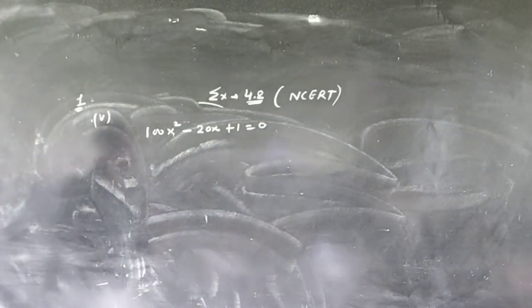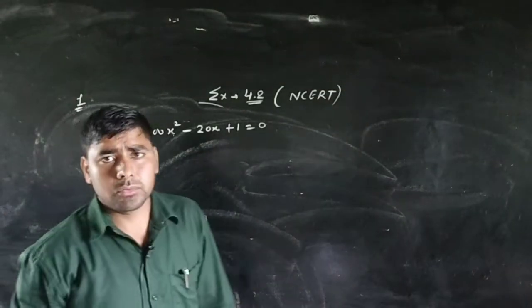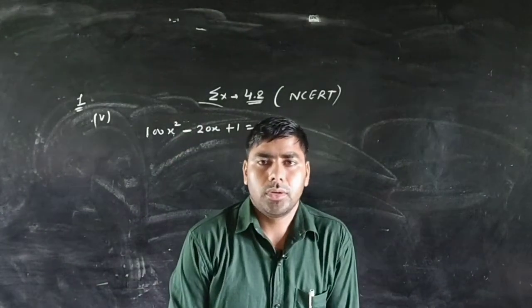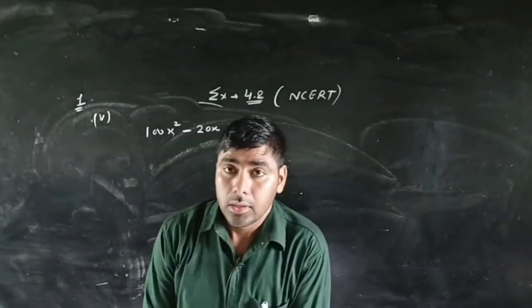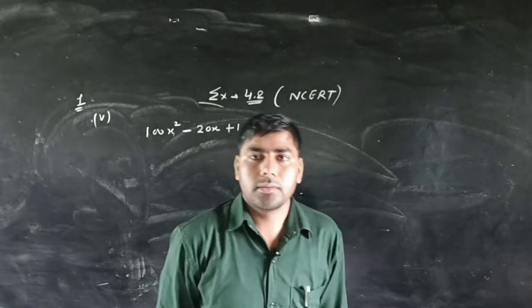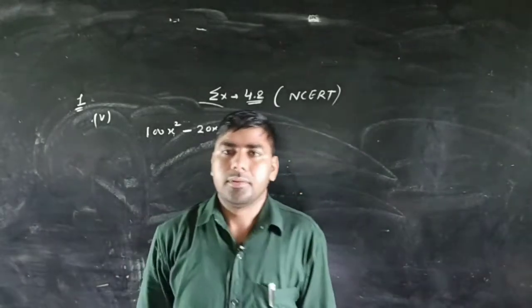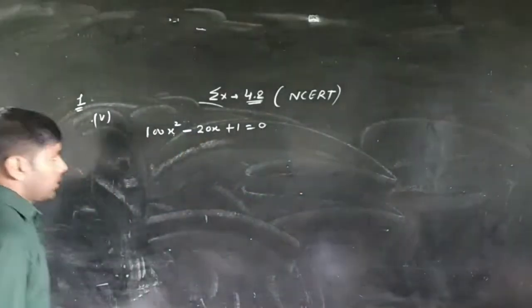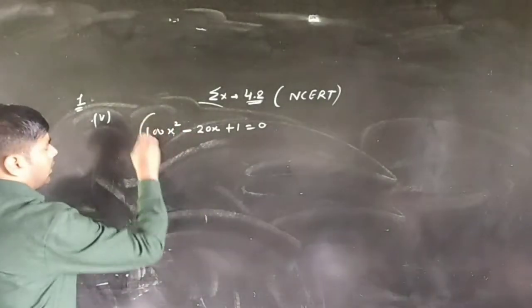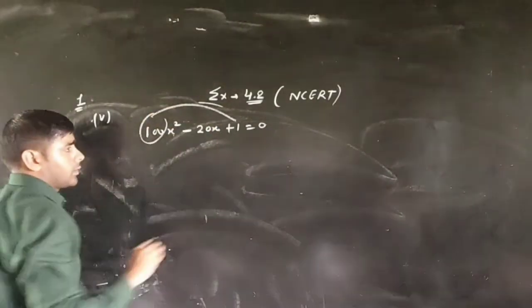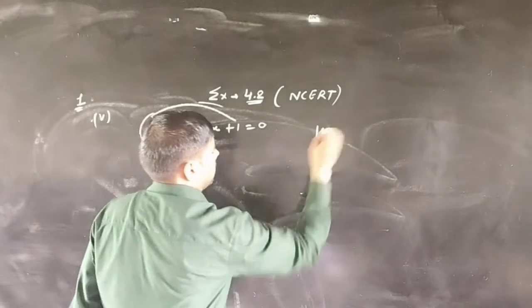This is the given quadratic equation. We have to solve this using the factorization method, or you can say the splitting the middle term method. Now 100 ones are 100, so the product is 100.